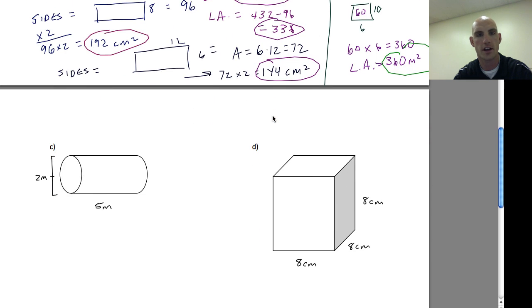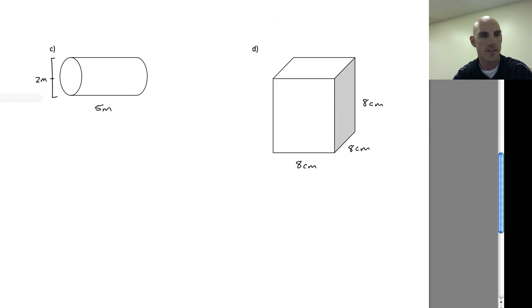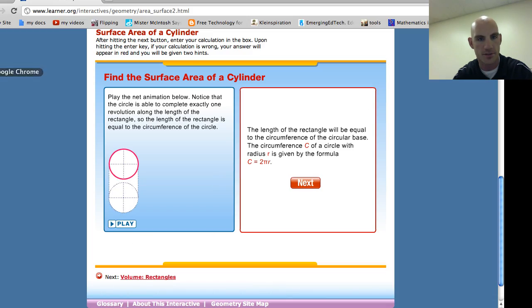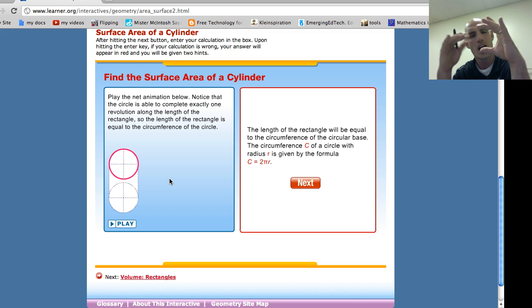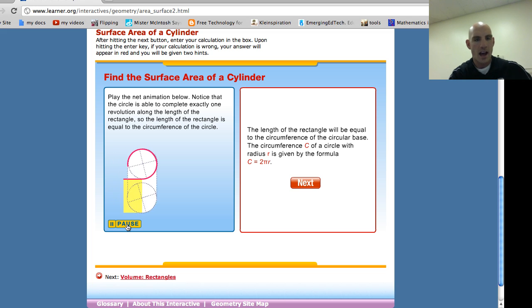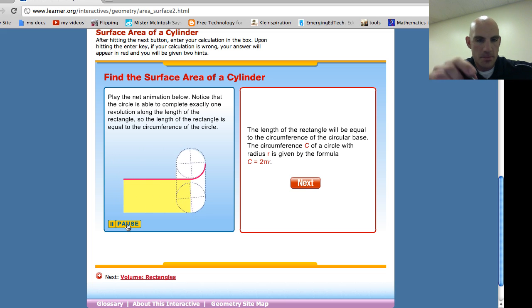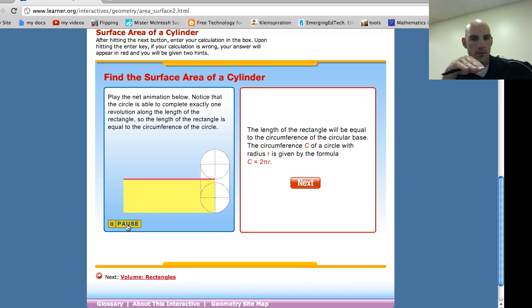Let's do one more. We'll look at a cylinder here. I actually have an interactive for this, and it says find the surface area of a cylinder. I want to show you. The top and the bottom are obviously circles, so we know how to find the area of circles. But if we look at what the sides are, look at this demonstration. As it rolls out, look at what happens. This pink line here becomes the length of the rectangle.